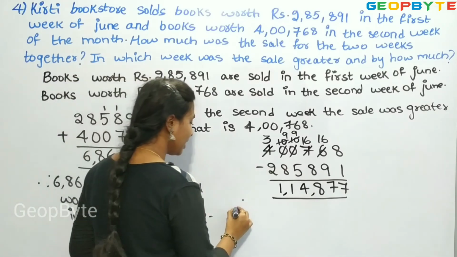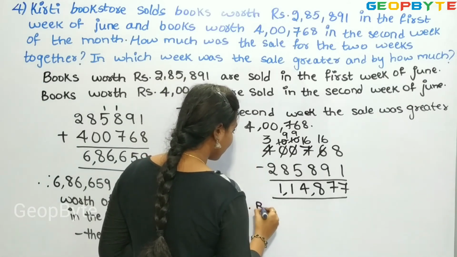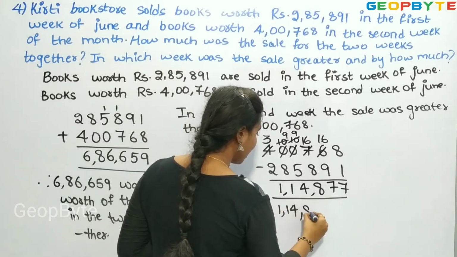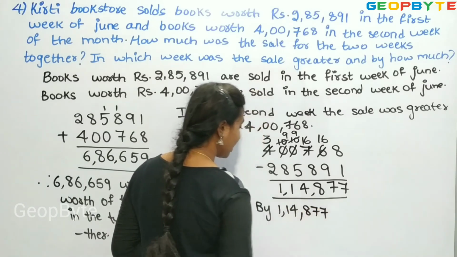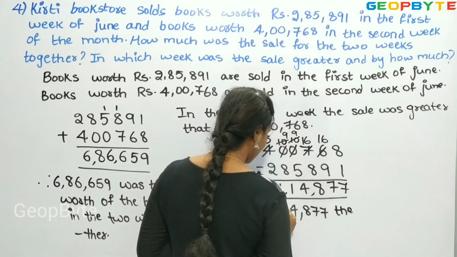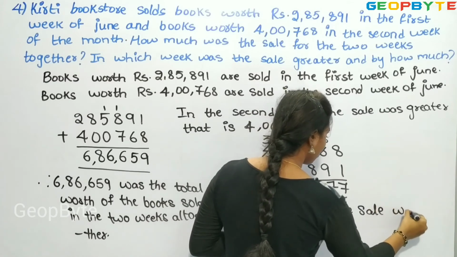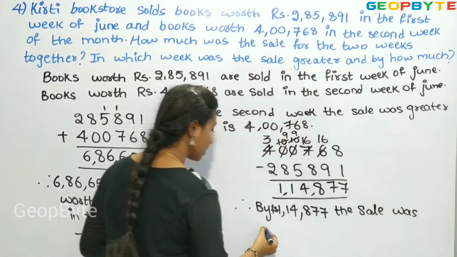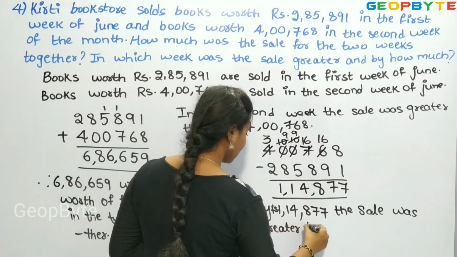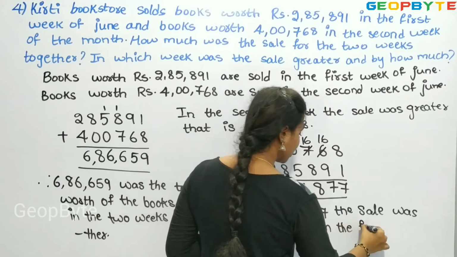So, let us write, by how much means by 1,14,877, the sale was greater than the first week.